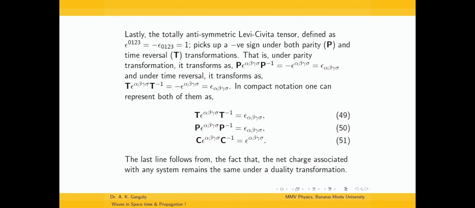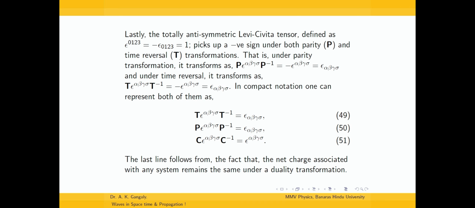So, we land up with the condition that if we operate T from left on the Levi-Civita symbol and T inverse from right simultaneously, it would pick up a negative sign.